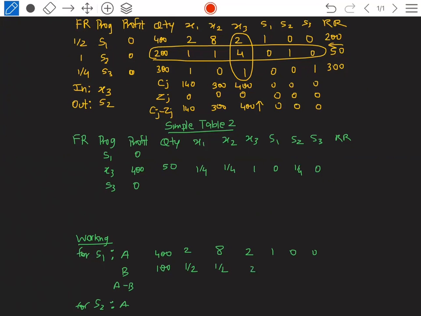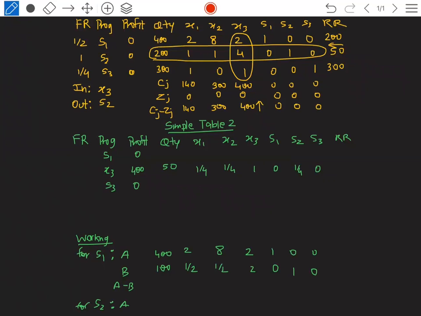Then we've got 0 into half, so that's 0, then half into 1, so that's 1, and then 0 into half is again 0.